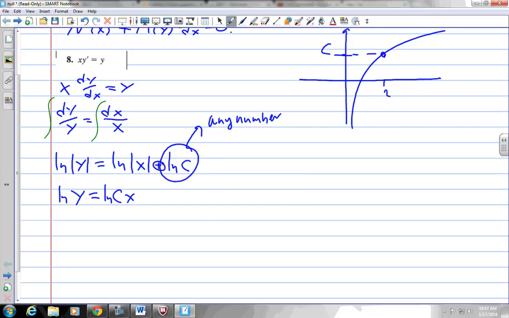So then automatically, again by the property of natural logs, you have natural log of stuff equals natural log of stuff. Therefore, stuff equals stuff, right? That's one of the properties of logarithmic functions.